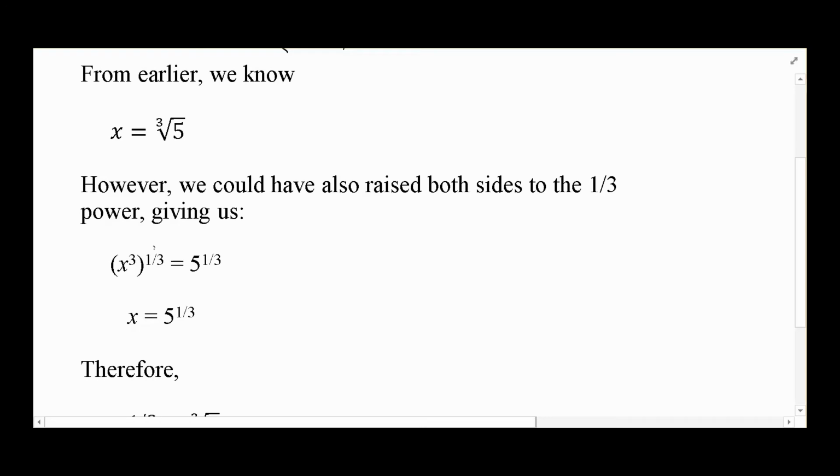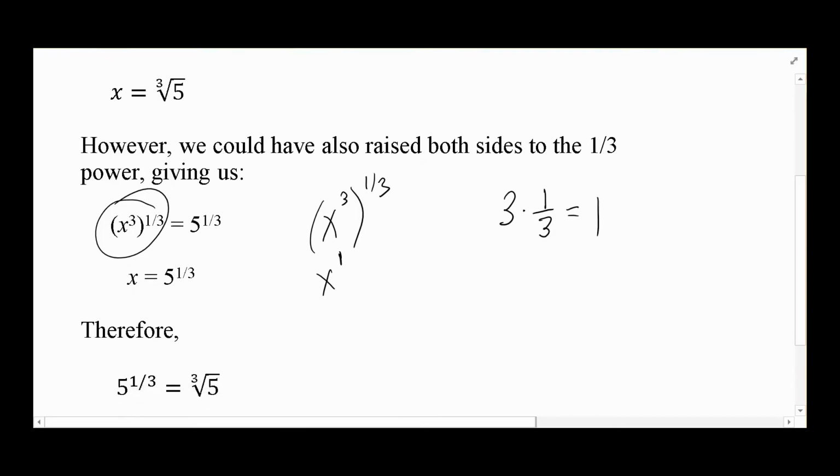So as I'm looking over here at the left-hand side, if I have x cubed to the 1/3 power, when you raise a power to a power, you multiply the powers. 3 times 1/3 is 1. So that means this is x to the first power. So by raising both sides to the 1/3 power, I'm able to find that in this case x is 5 to the 1/3 power.